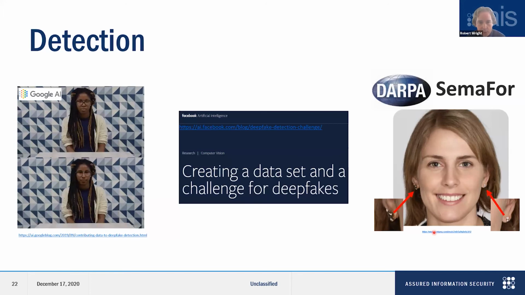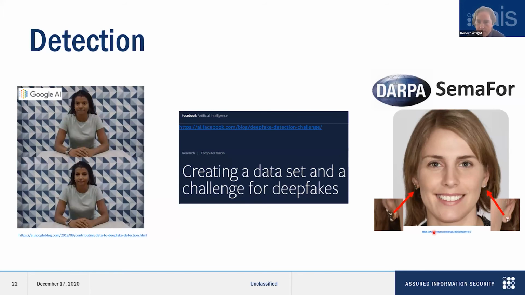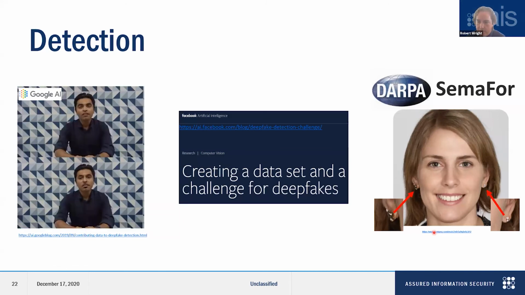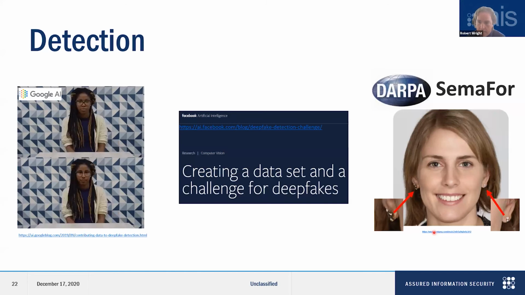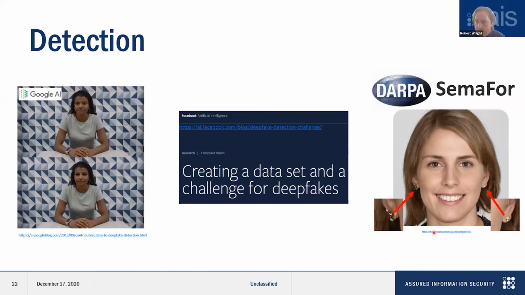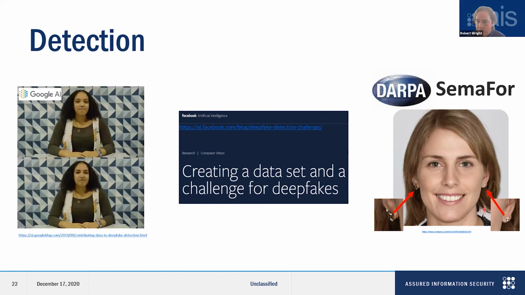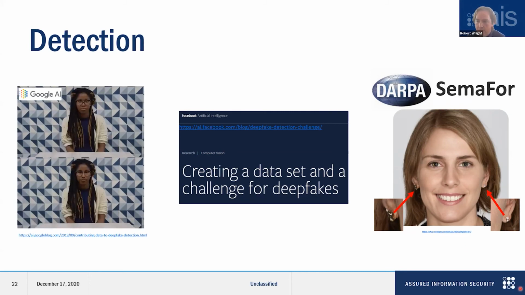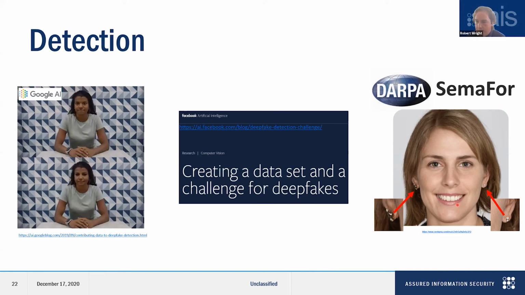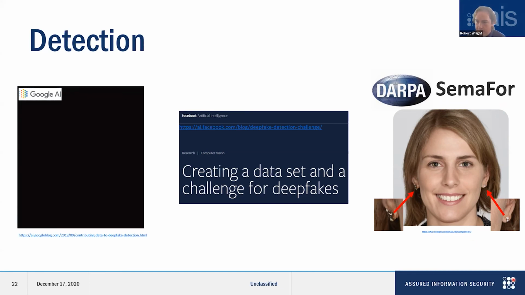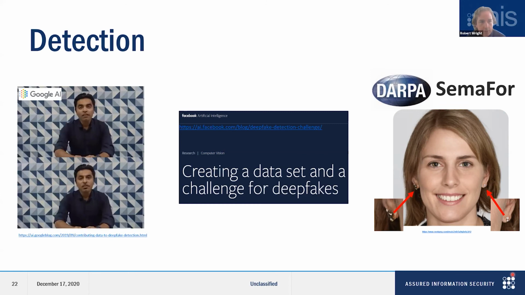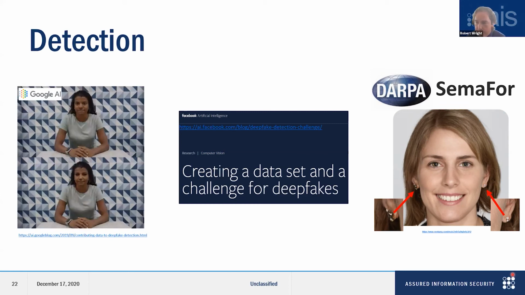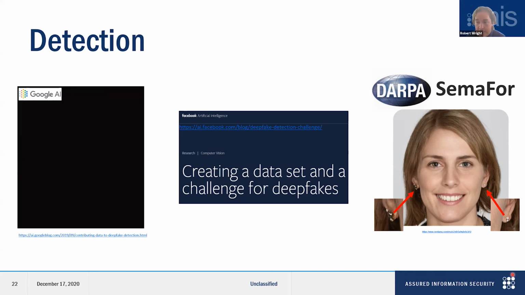In fact, DARPA released a year or two ago now the DARPA Semaphore program, which is looking at this exact problem, and they're trying to use semantic and contextual variations that deepfakes at the moment aren't great at handling, such as getting the earrings on both sides of the face to be symmetrical. However, with time, these systems might surpass that.